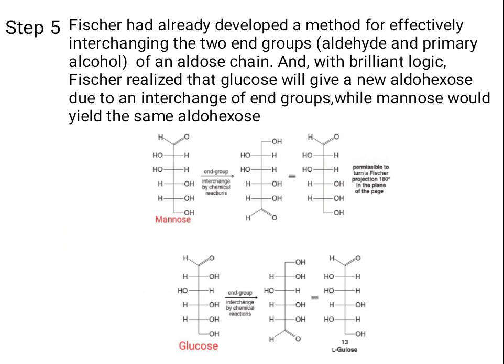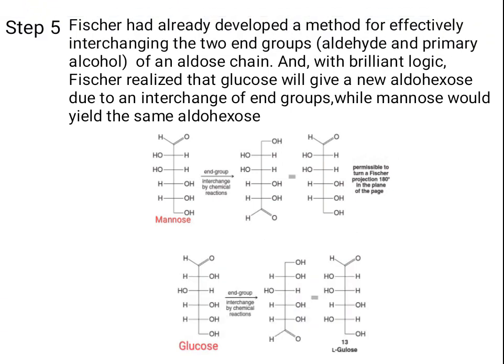Now step 5. This one was legendary. Fischer had already developed a method for effectively interchanging the two end groups, that means the aldehyde and the primary alcohol of an aldose chain. And with brilliant logic, Fischer realized that glucose will give a new aldohexose due to an interchange of the end groups, while mannose would yield the same aldohexose.